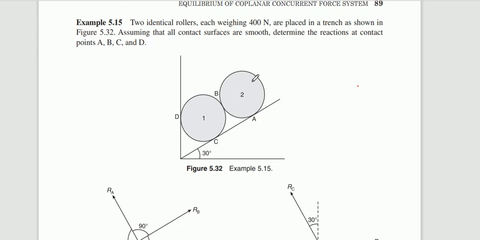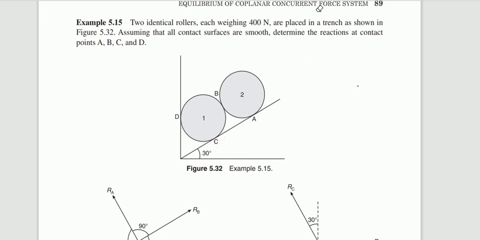Now just observe and concentrate on how you are going to draw the free body diagrams. A, B, C, D are the points where there is a contact surface. First you can draw the reactions at the contact surface. So we draw RC, perpendicular to the contact area. This is the contact area.